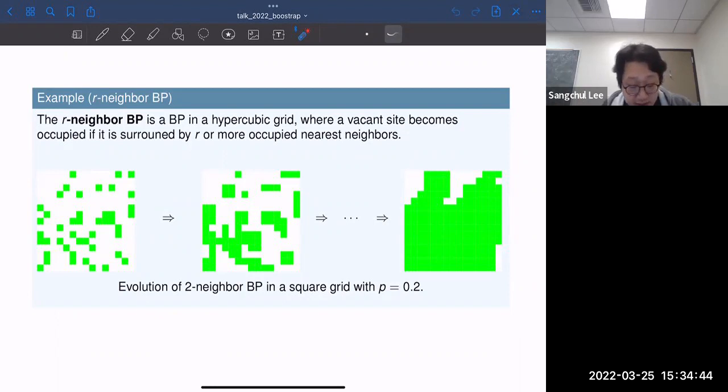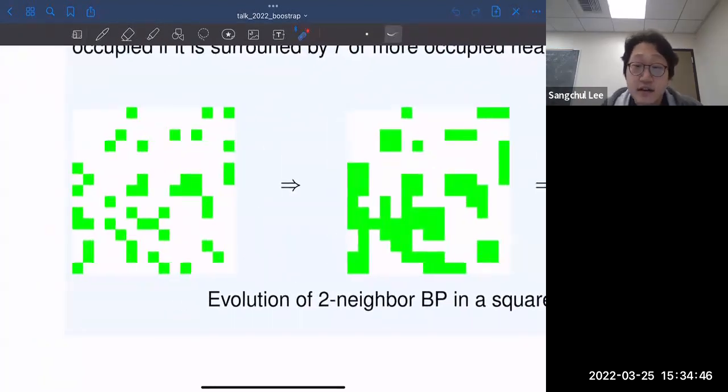For example, in this case, we have two-neighbor bootstrap percolation in a square grid. The green sites represent initially occupied sites, and the white sites represent unoccupied sites.